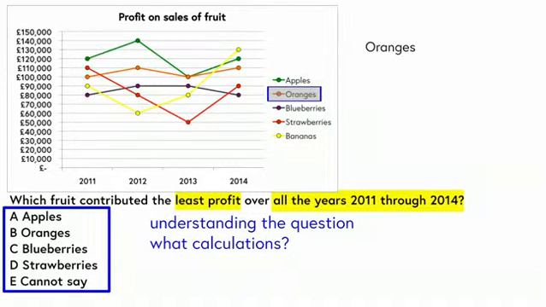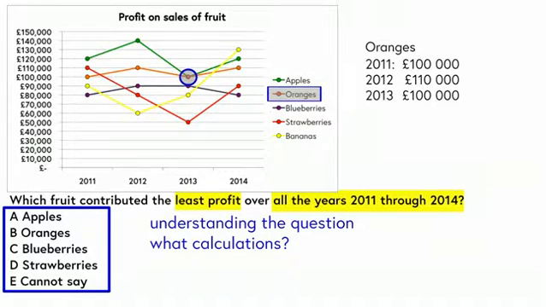For example, this is the profit from sale of oranges, the points on the orange line. The total profit from sale of oranges is £420,000. You will need to do this for each of the 5 fruits and then compare the totals to determine which is the lowest. The fruit with the lowest total will be your answer.